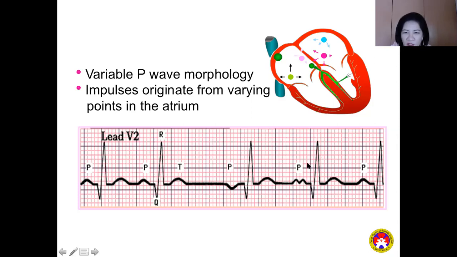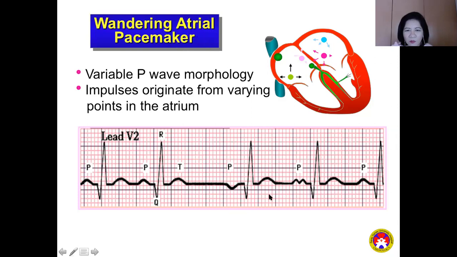But each P is followed by a QRST complex. So that means this came from a different site to this one, and this came from a different site again from this one and this one. So that means that you have a wandering atrial pacemaker. In wandering atrial pacemaker, the rate is still within 60 to 100 per minute.